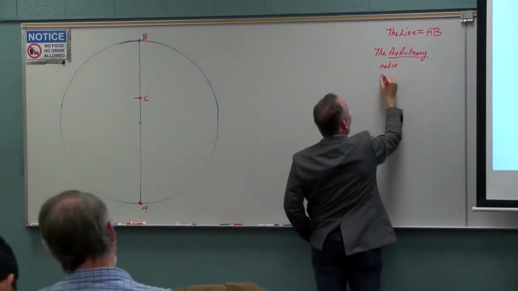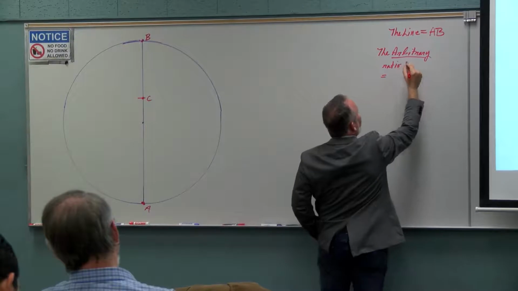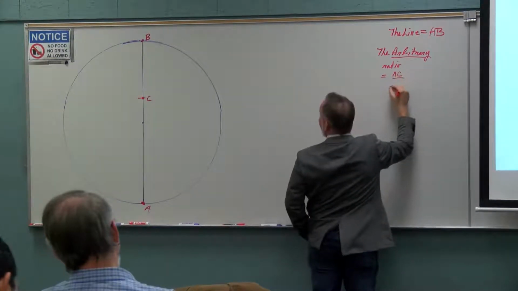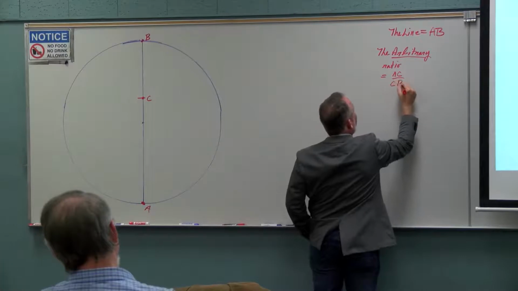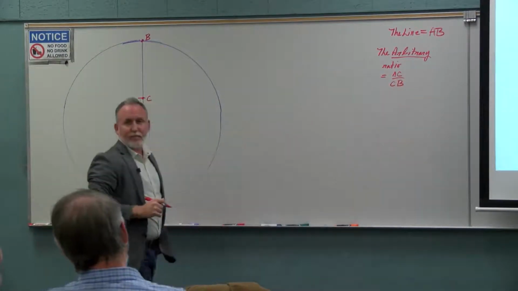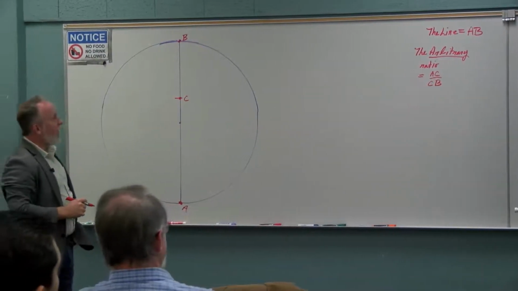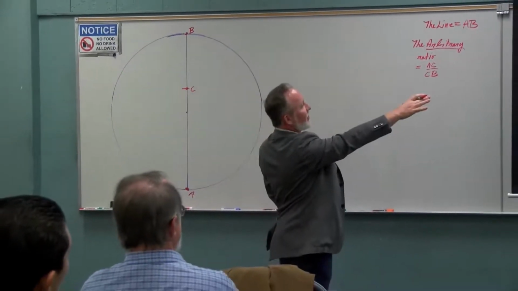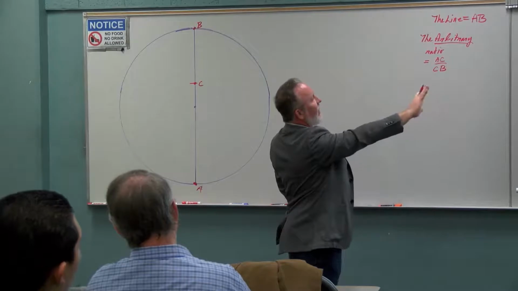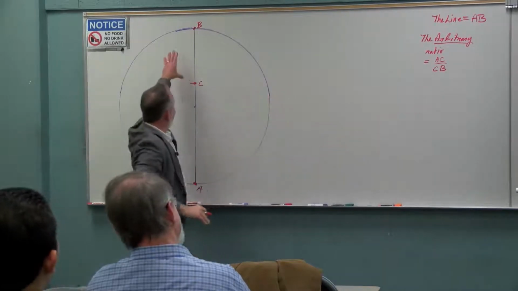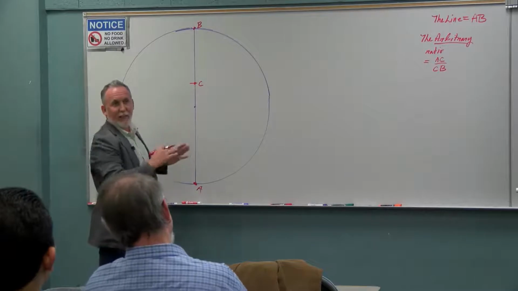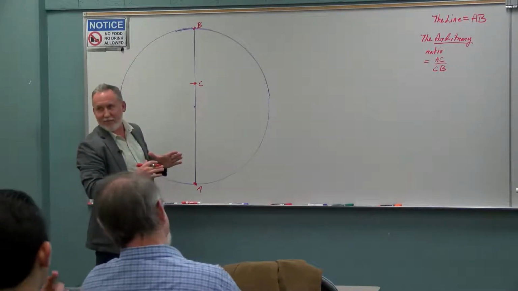So the arbitrary ratio that we've cut the line into is this length AC to CB. All right. And so we did this first part. We took a line, we divided it into two unequal sections, and then we're going to cut each section here by the same ratio. How do we do that?